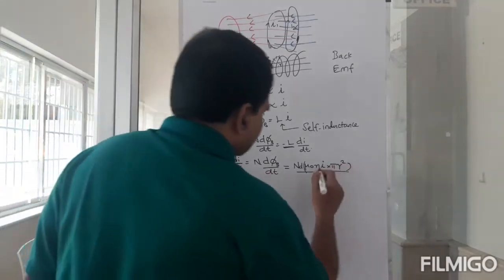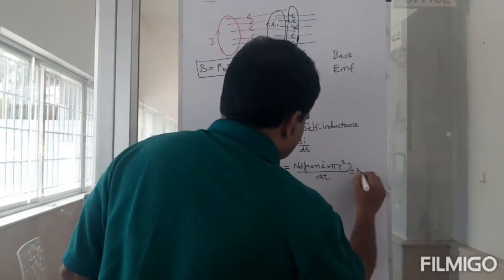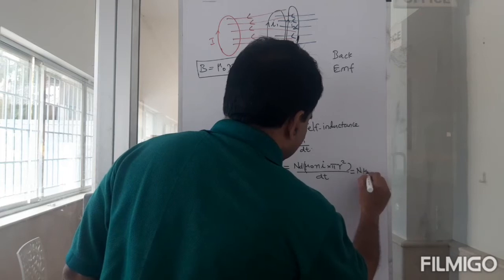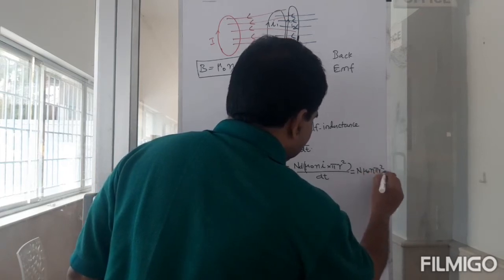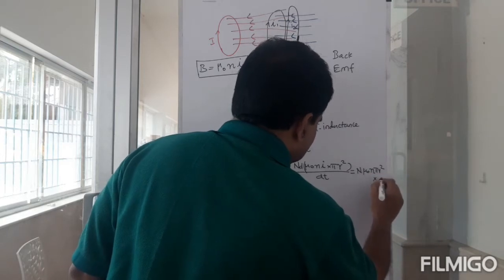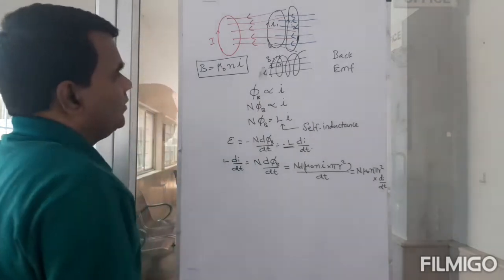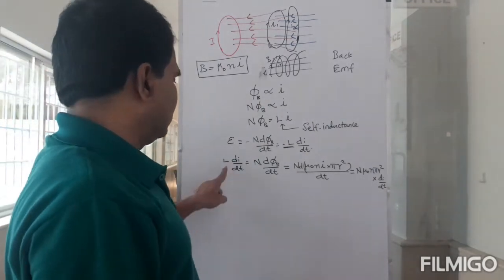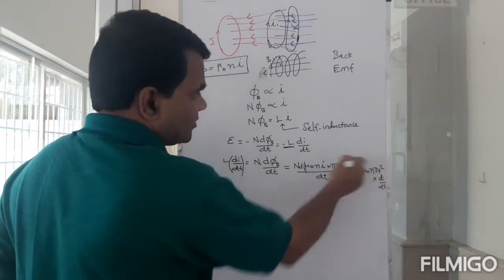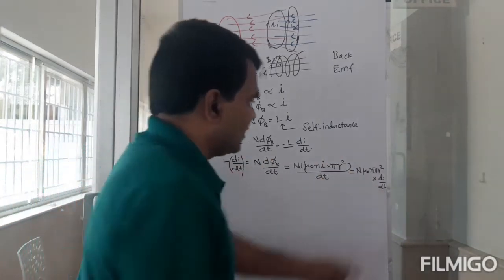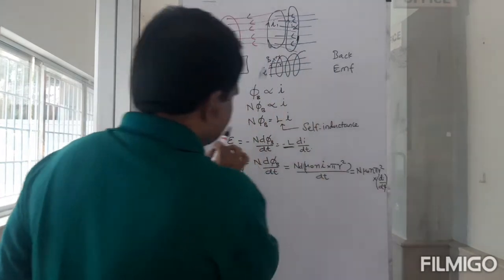So this will give me N mu naught n pi R squared multiplied by di by dt. I have di by dt here, so L must be this.